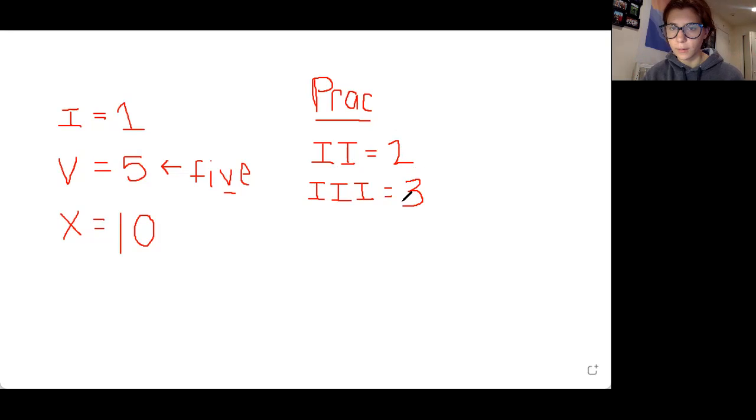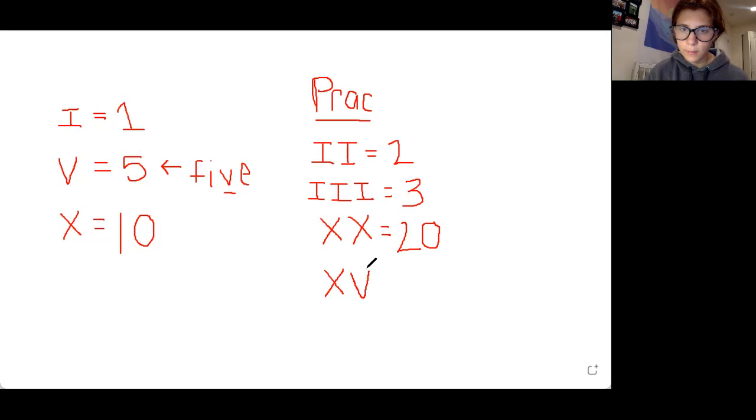Okay, then say we had X. So one X equals 10, and you have 2 of them. That would be 10 plus 10, which gives us 20. And say we had X, V. Since X equals 10 and V equals 5, it would be 10 plus 5, which gives us 15.